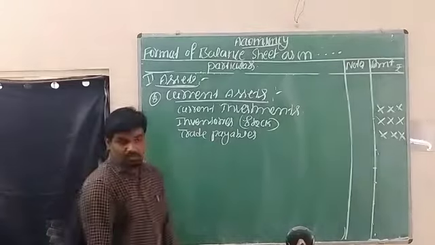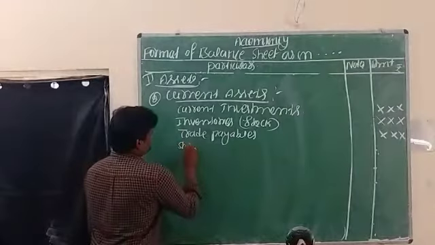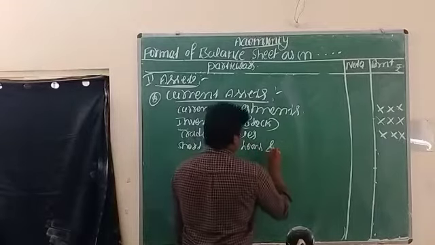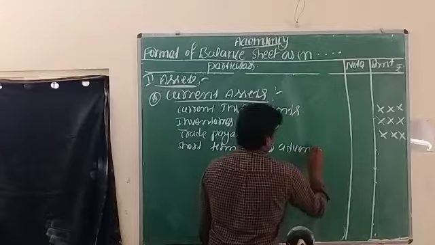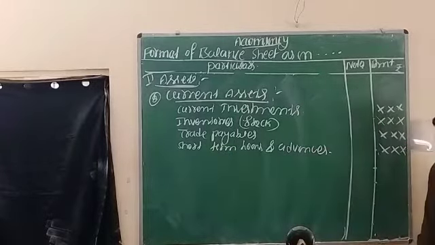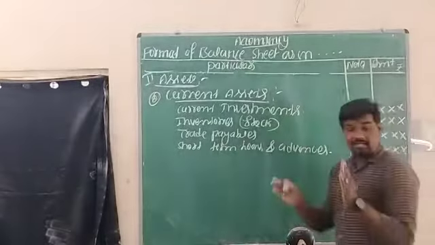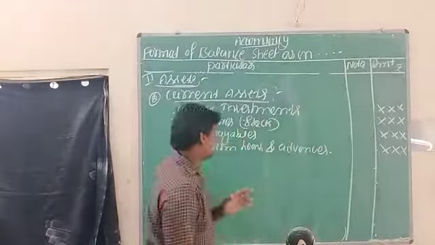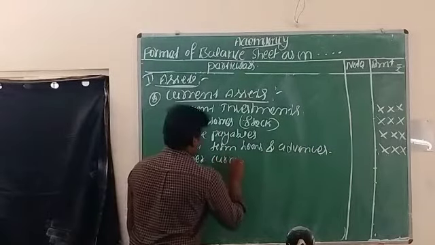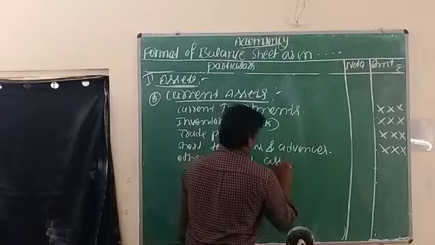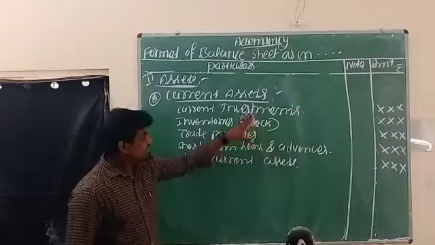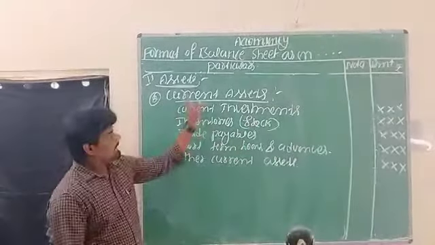The next one, short-term loans and advances. Finally, is there any other current assets in the business? Then we can take that here, other current assets. So all these kinds of transactions we can record under the current assets.